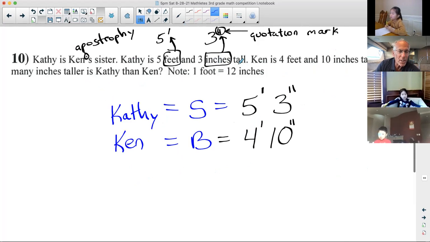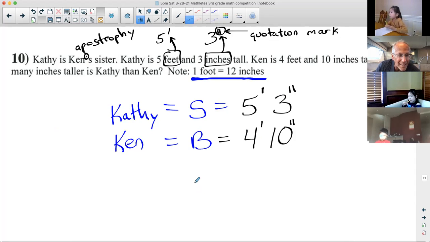Now, the question is, if there are 12 inches in 1 foot, then how much taller is Kathy than her brother Ken? And I want you guys to think of it algebraically.